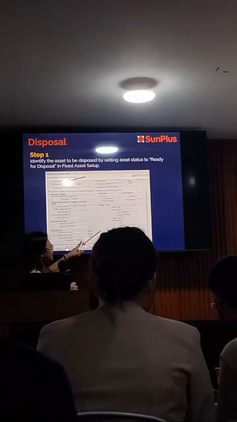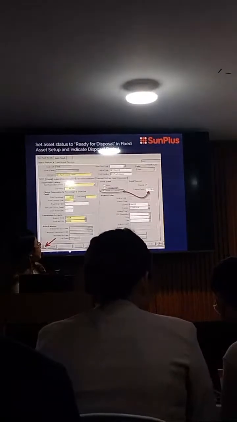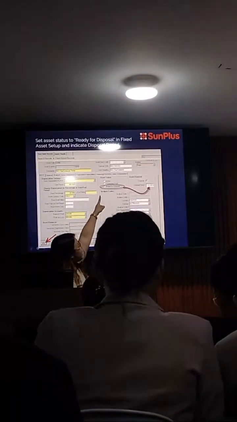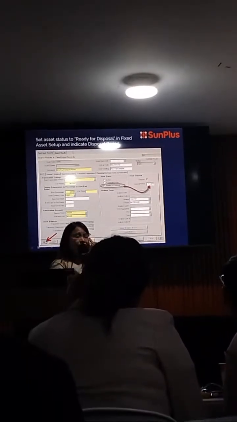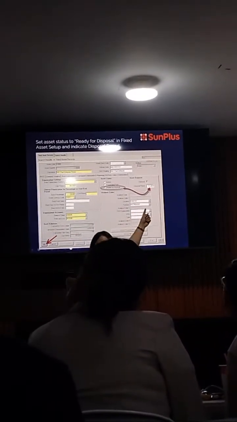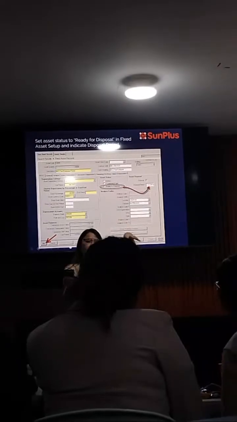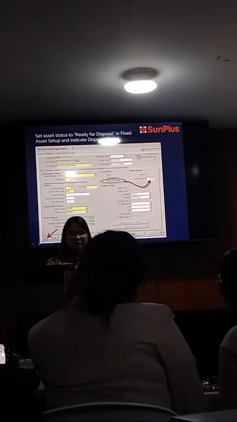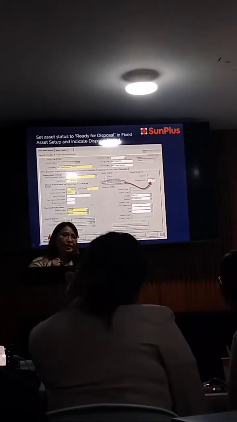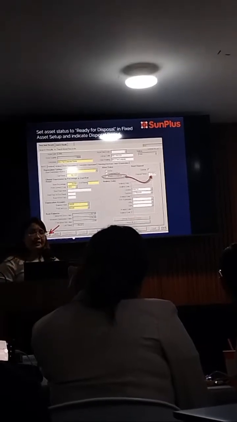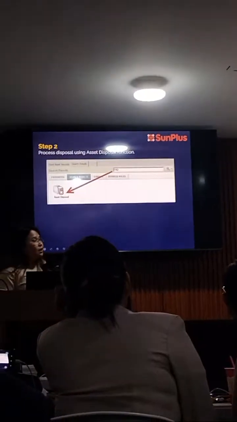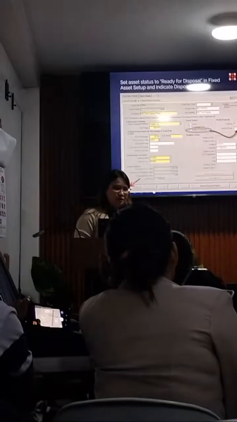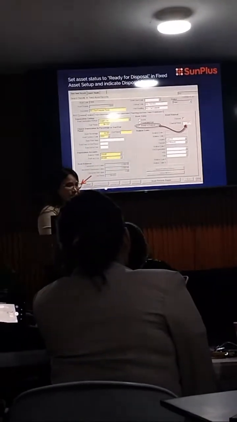After clicking amend, we set the status as ready for disposal, and then we put the disposal period, the period in which we will dispose it. That is simply marking the asset as ready to be disposed. Then click okay to save. Once you click okay, it is saved, but it is not yet posted. It's only information for now.